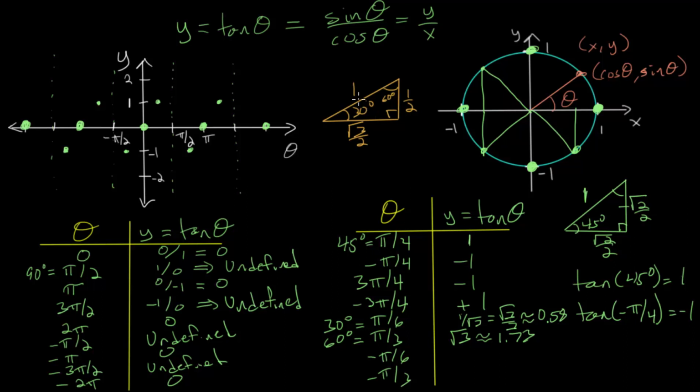So for this 30-degree angle, it would essentially just reflect downward, where the opposite side is negative, and we're dividing by this adjacent side, root 3 over 2, and we will essentially get the opposite of the tangent of pi over 6. We would get minus root 3 over 3, which would be negative 0.58.